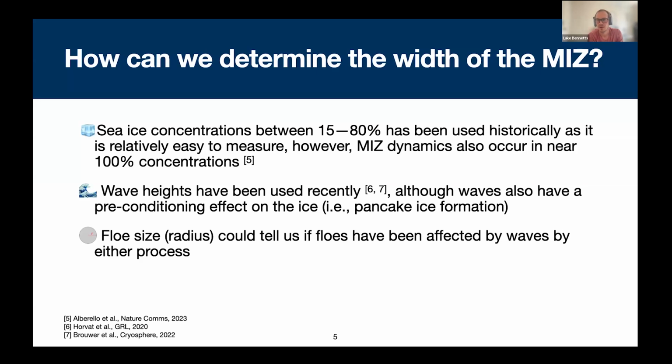At this point, I hope that no one in the audience has any belief in the sea ice concentration definition. If you do, then shame on you for that. There's also the wave definition, which was the basis of Alex's talk earlier. I think that is a much better definition than the sea ice concentration one.